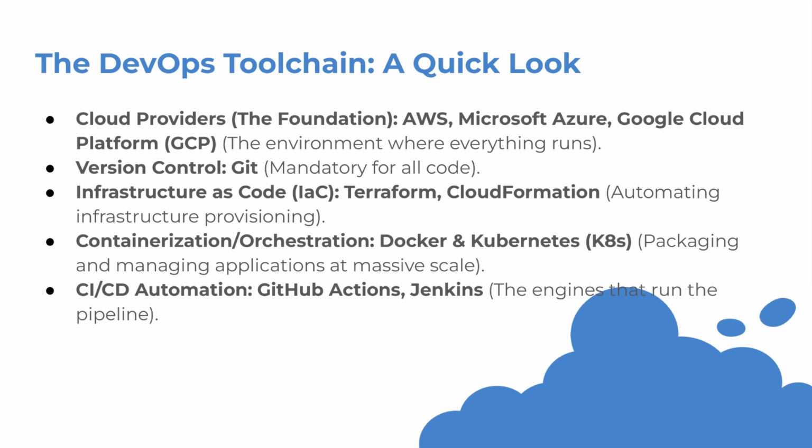Docker does the containerization, which I have mentioned, putting everything in the container and sending the container. And Kubernetes does the orchestration, which means they provide what's inside the container in a proper way. So that's what containerization and orchestration stand for.